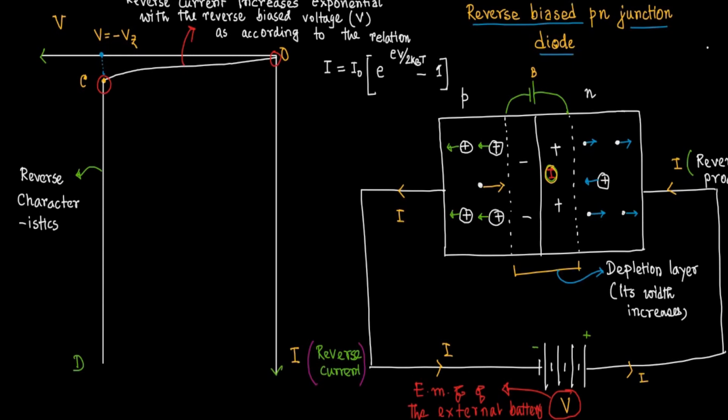Now consider the region from the point C to D. In the region OC, reverse current increases very slowly and exponentially.